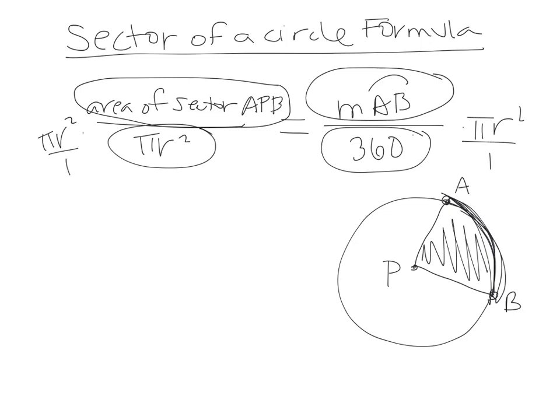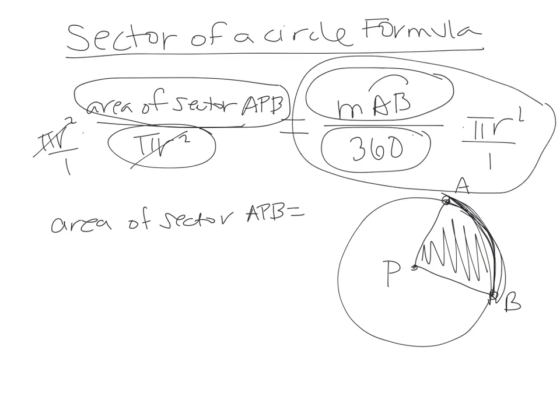If you multiply both sides by pi r squared over 1, then the pi r squareds would cancel on the left, so you'd be left with just, now do write this part down, area of sector APB, and it will equal, and now I'm going to write what we have up on the right side of our equation, which is the measure of arc AB over 360 times pi r squared.